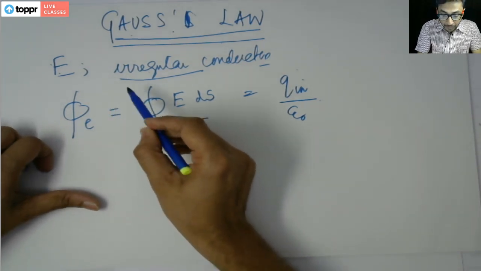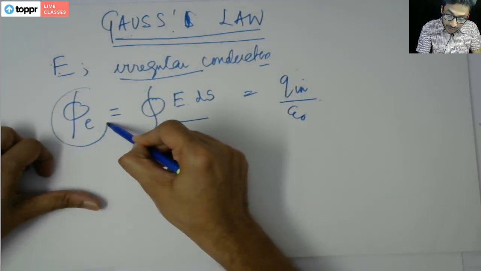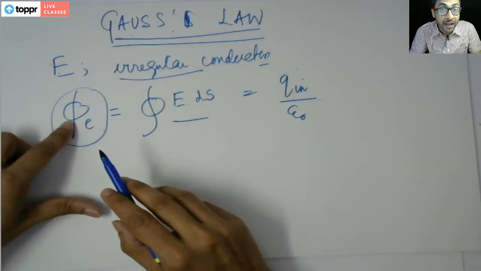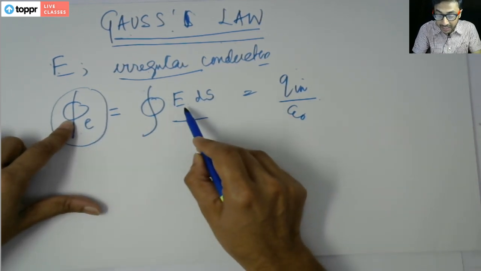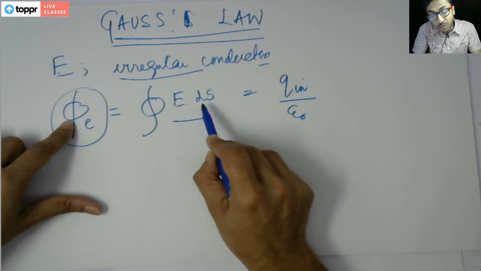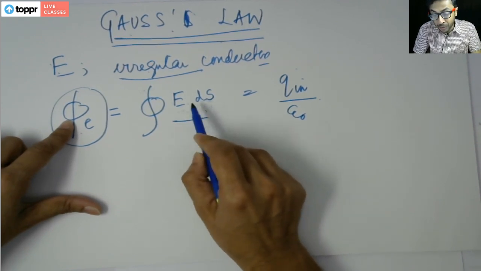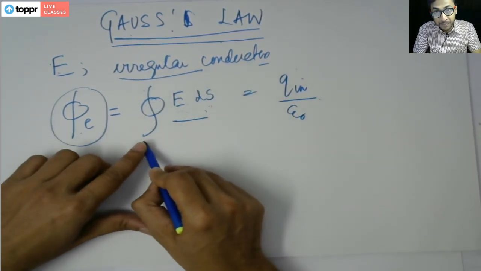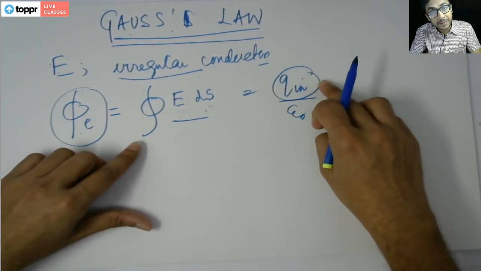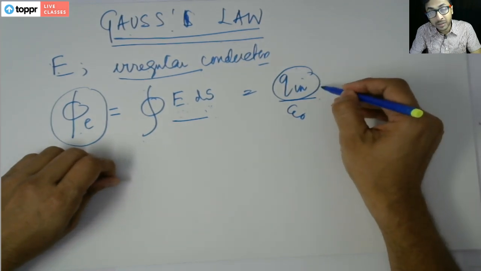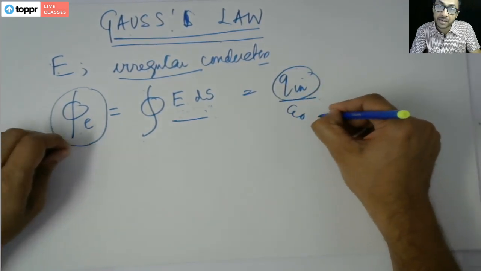Now, this is electric flux. What is electric flux? Flux is nothing but electric field multiplied by the area. For small areas we can integrate them. That will be equal to the charge enclosed divided by epsilon 0.